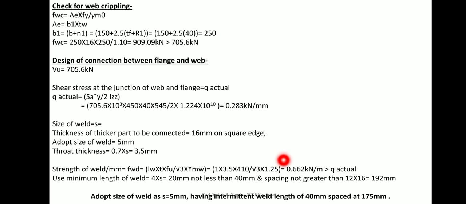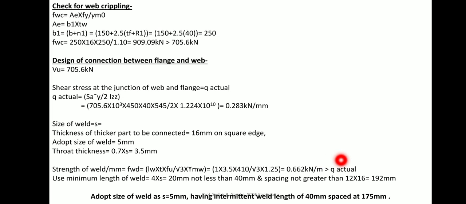We are getting strength of 0.662 kilonewton per mm. So if 1 mm of welding of size 5 mm is provided, it has capacity to take 0.66 kilonewton load, and you can observe that this is greater than 0.283. Therefore the welding adopted is safe.